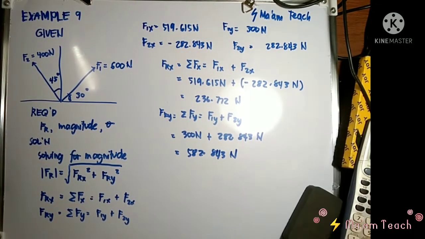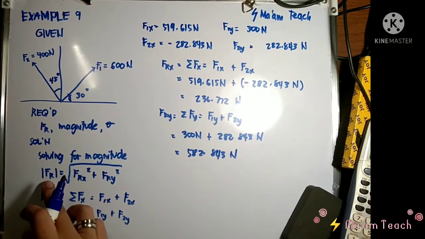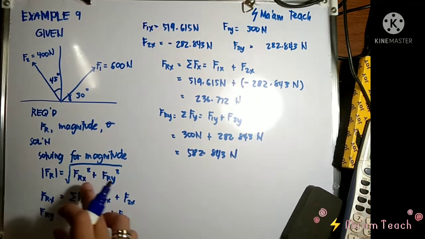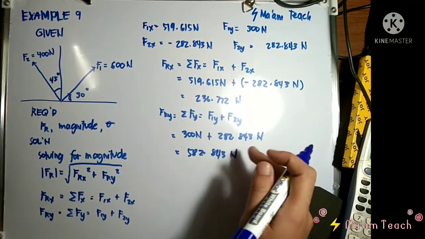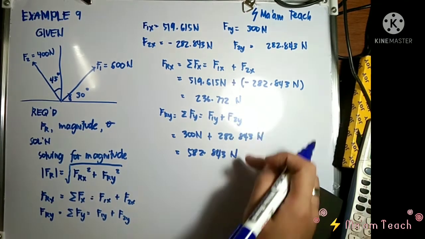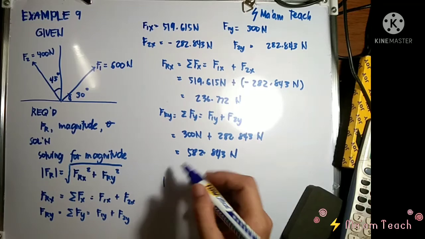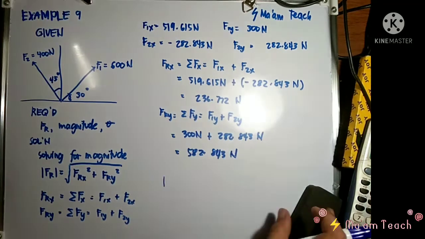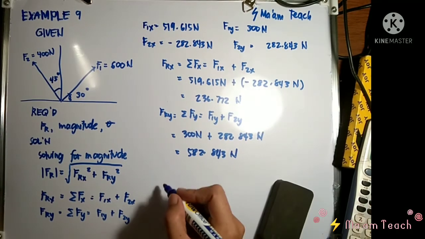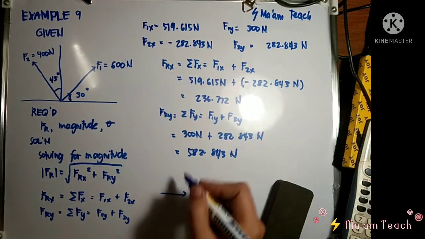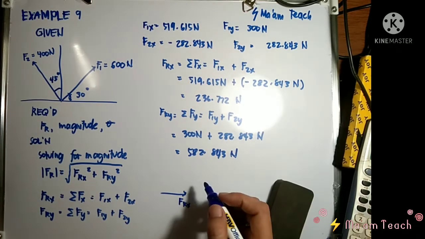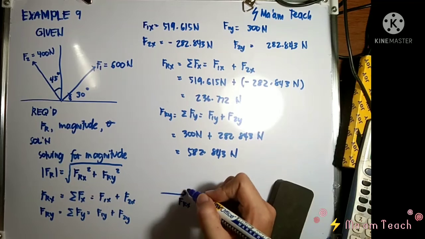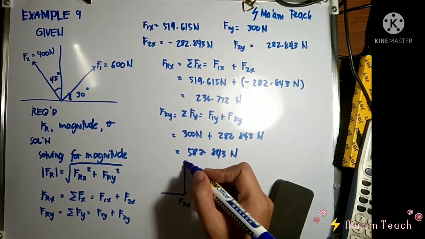To solve for the magnitude of the resultant force, we will use the Pythagorean Theorem. Because class, if we plot this in the Cartesian plane, since both of them are positive, this is our FRX and our FRY is like this.